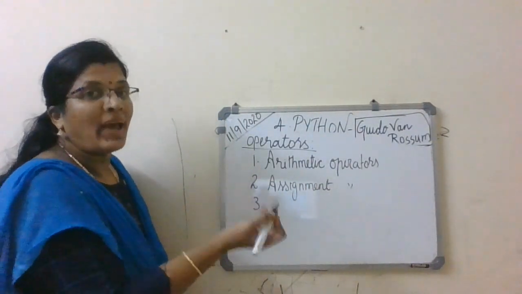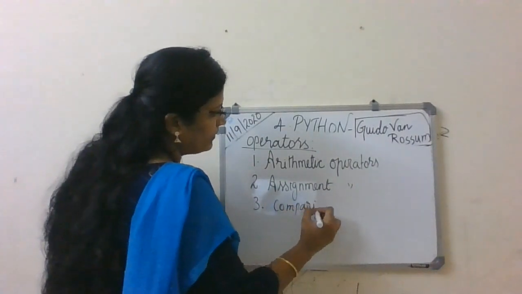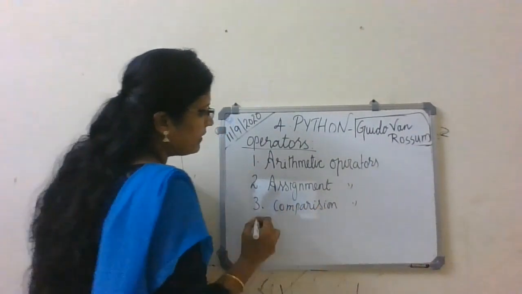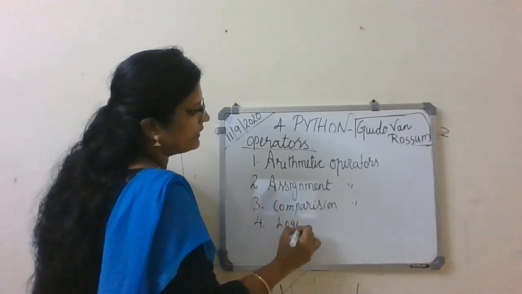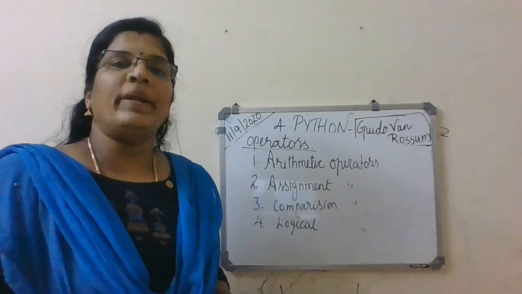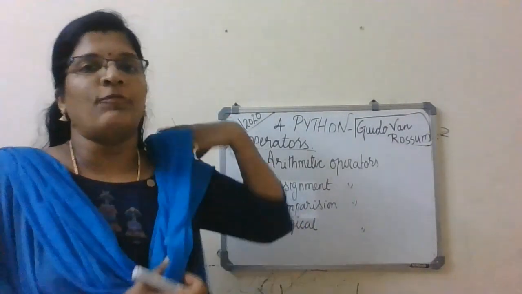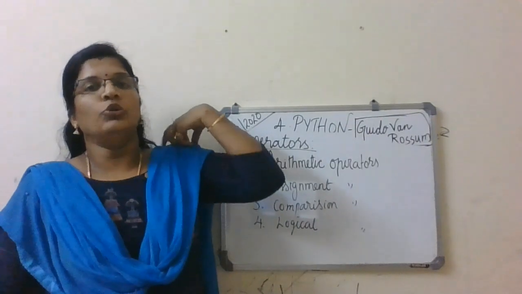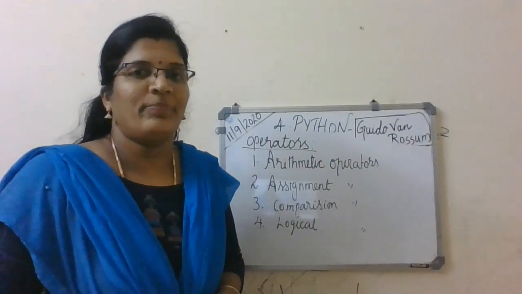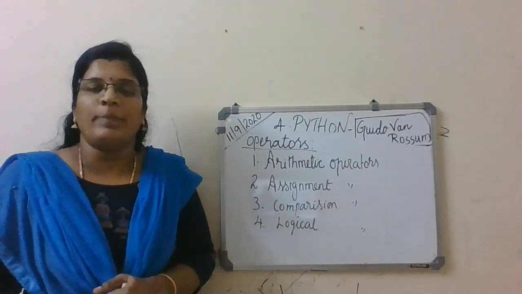Third one, comparison operators. Then logical operators. There are many other operators, but for now I'm going to explain only these four operators, to do small programs in Python. Got it? Let's see what arithmetic operators are.